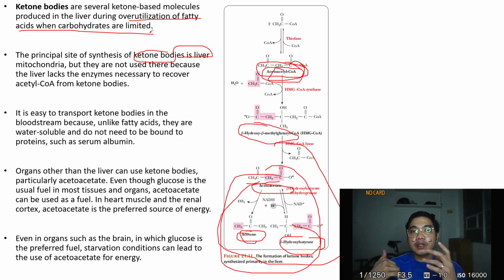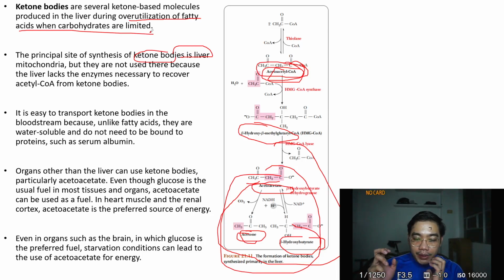And these ketone bodies, your body can use them also to some degree. It can produce ATP, but not as much as your lipids or carbohydrates. So for example, if glucose is absent, your muscles can still use your acetoacetate.